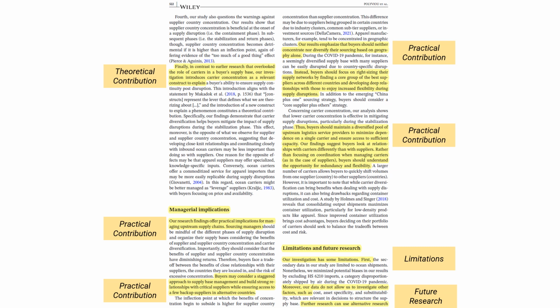An example of this reads as follows. "Finally, in contrast to earlier research that overlooked the role of carriers in a buyer's supply base, our investigation introduces carrier concentration as a relevant construct to explain a buyer's ability to ensure supply continuity post-disruption."